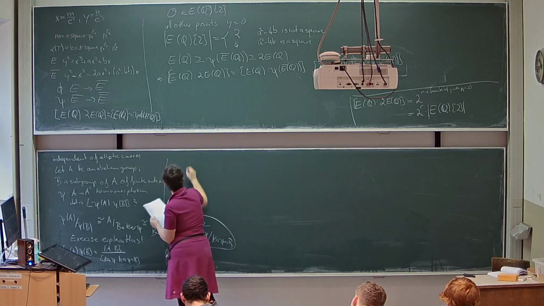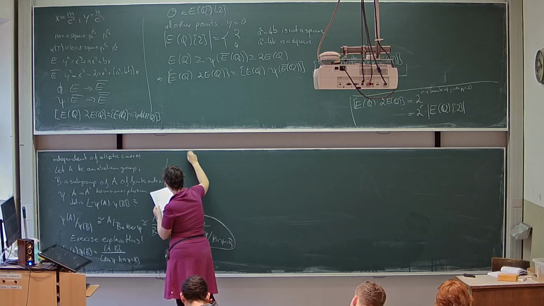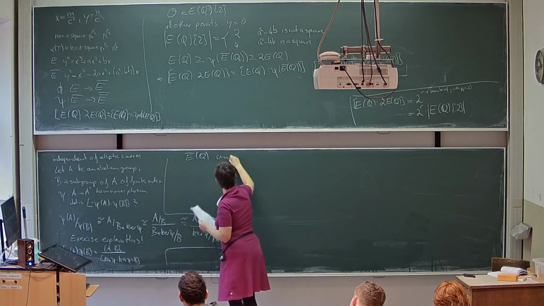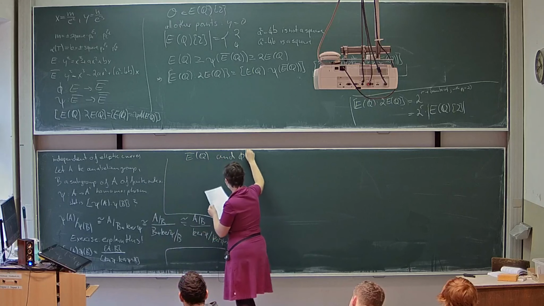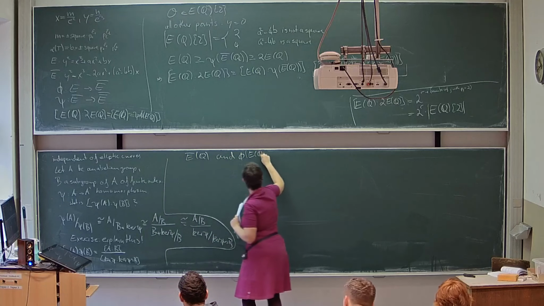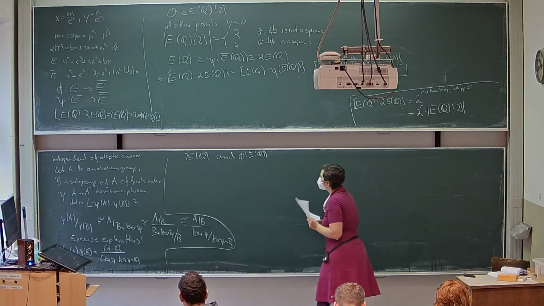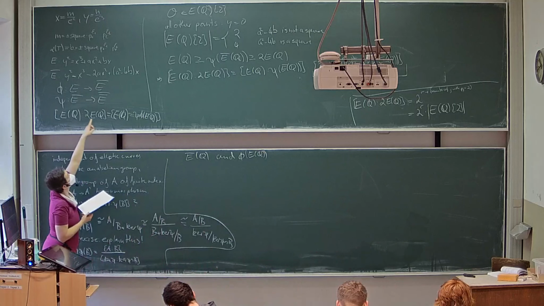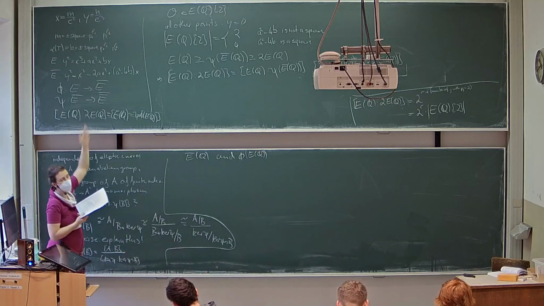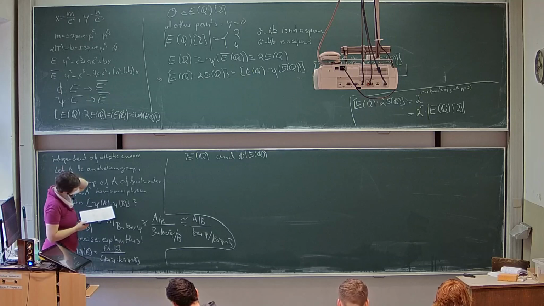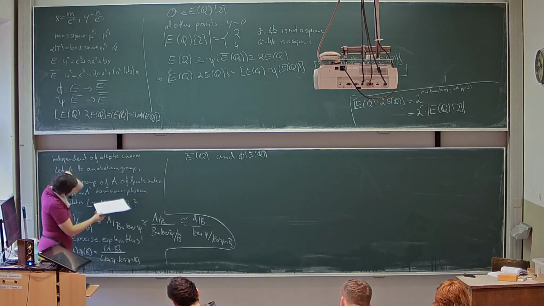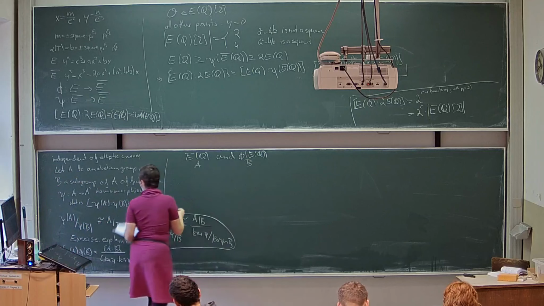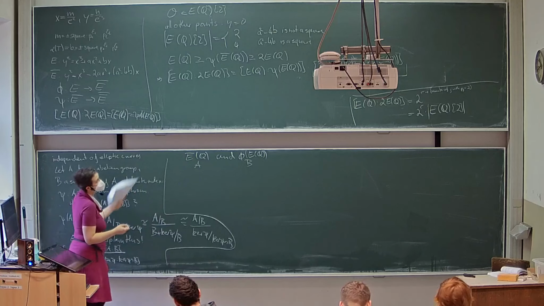We use this for E bar of Q and φ of E of Q. So of course φ of E of Q is a subset of E bar, because this is just the image. So we can use this with A and B, and for ψ we take ψ.